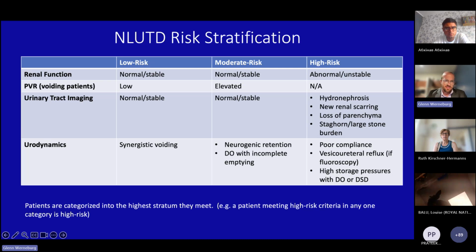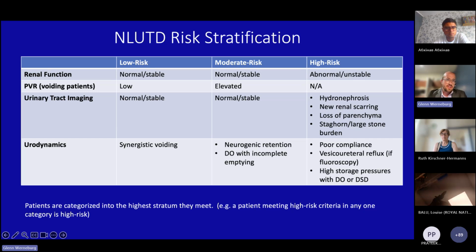So you look at their renal function, you can measure that with creatinine. It's probably the most common way to measure it around the world. There are other assessments for GFR. These might include like a cystatin C measurement, for example. You can even measure GFR based on radio tracer uptake and excretion, but these are much less commonly performed. So usually it's based on a serum creatinine.